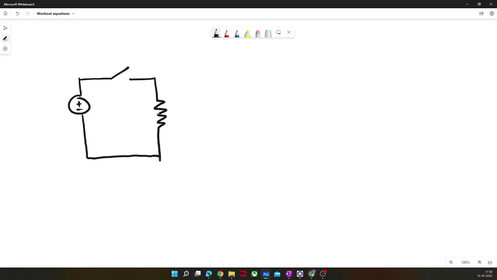So, suppose this is a kind of circuit. This is a very simple circuit with one resistance and one switch. One voltage source is connected here, right? This switch would be some power electronic switch.